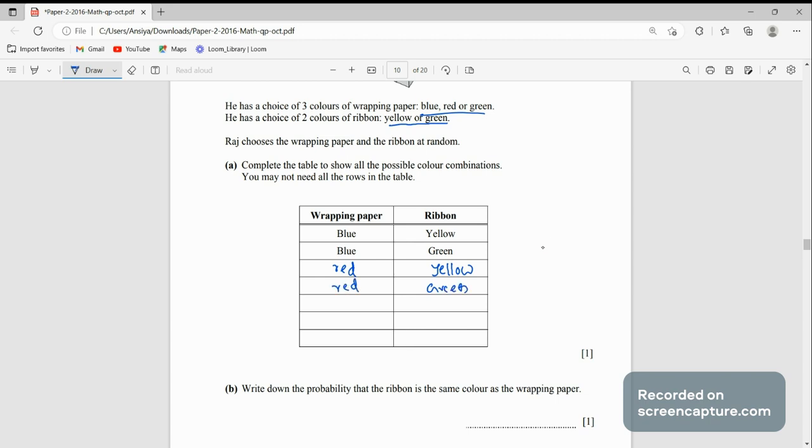This is a simple question. Then, what's the other color for the wrapping paper? Green wrapping paper with yellow ribbon and green ribbon. It's just adding up the colors. Fine. All the combinations.